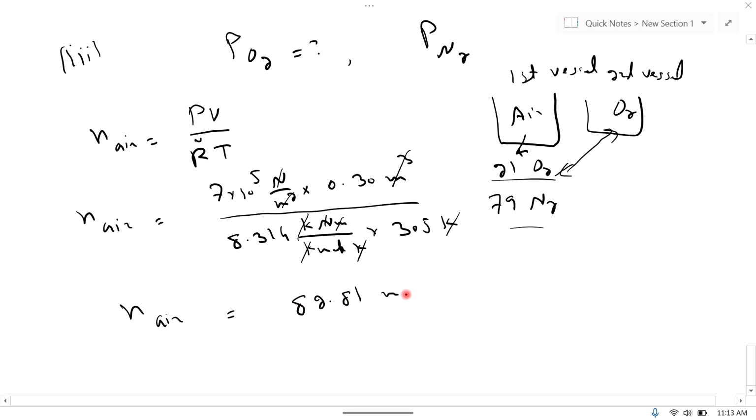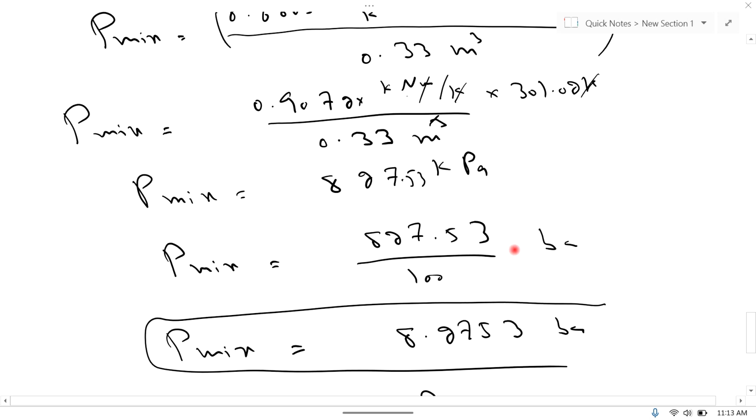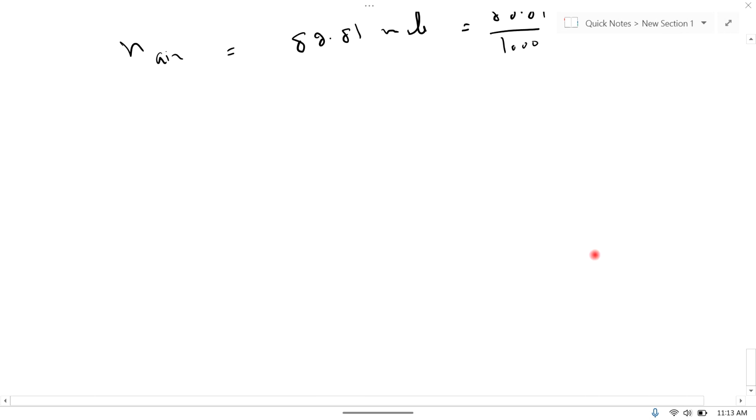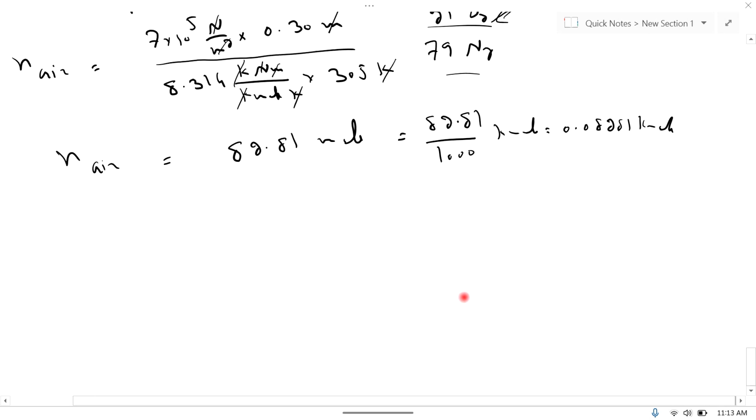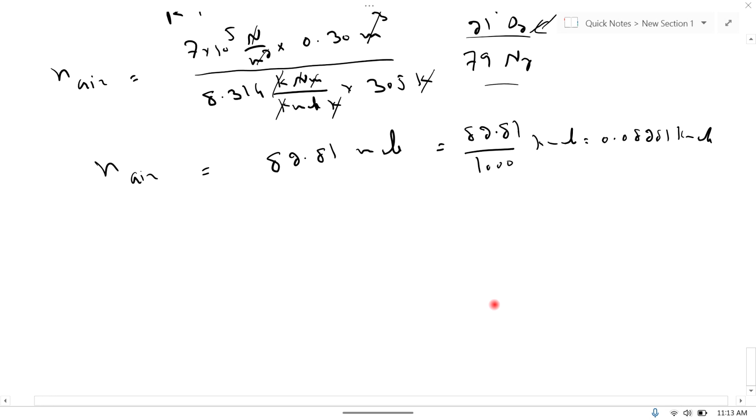If we want to find it in kilomole, divide by 1000. 82.81 divided by 1000 kilomole is equal to 0.08281 kilomole. This is basically kilomole.